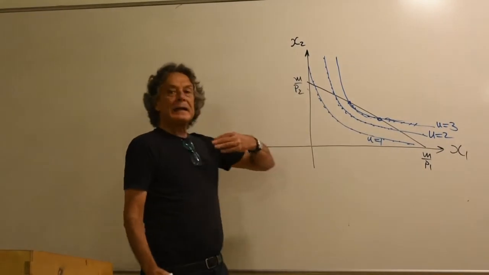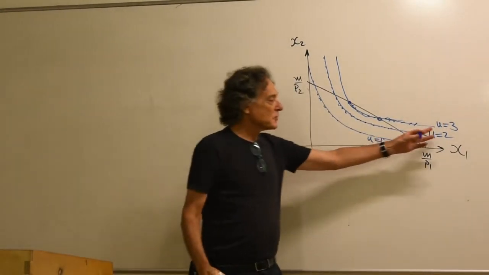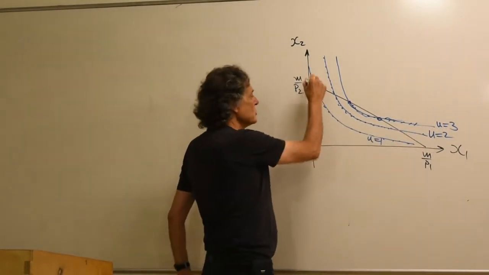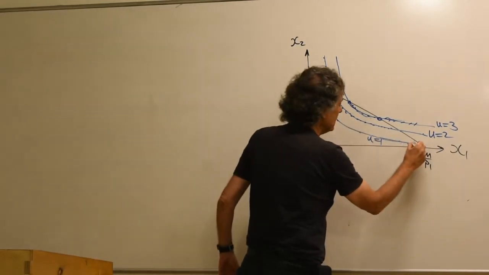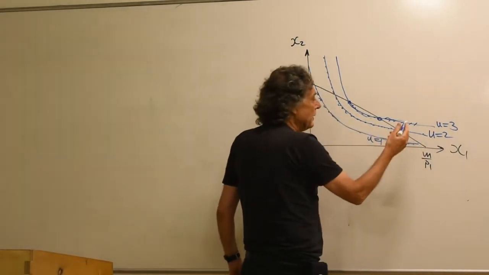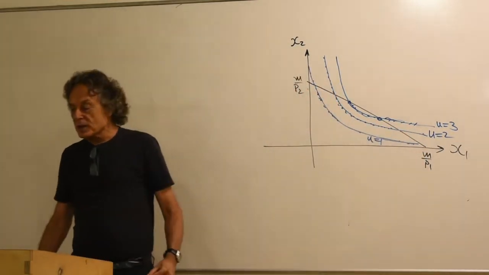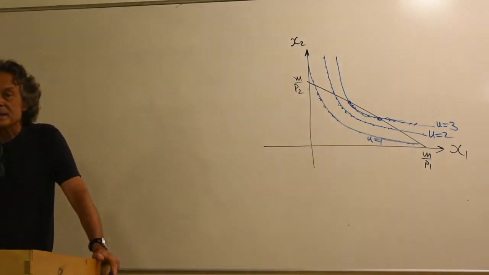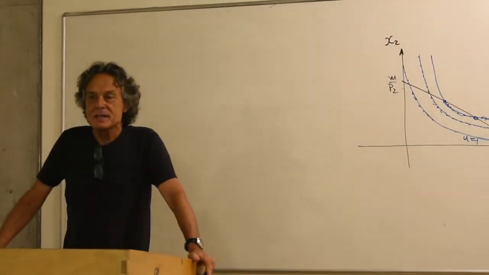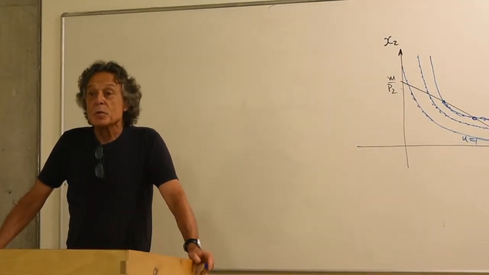So he can get a bundle of utility 3. Obviously, he can also afford bundles here of utility 1, the same for utility 2. So my question is, what is the bundle that maximizes his utility, which is affordable?